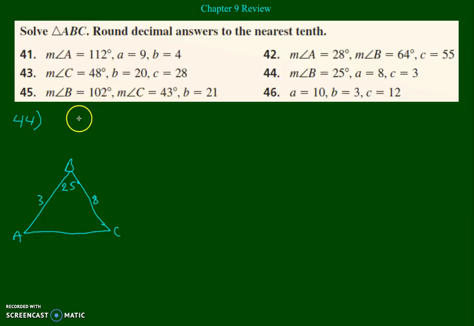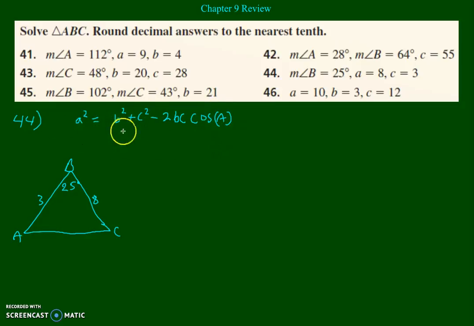And it's A squared, that is a side opposite an angle, equals the sum of the squares of the other two sides, so B squared plus C squared, minus 2 times the product of those sides times the cosine of the angle opposite that side.